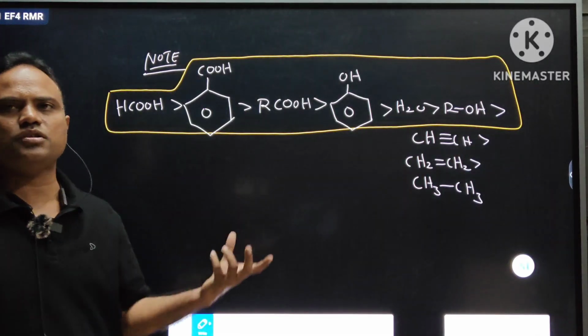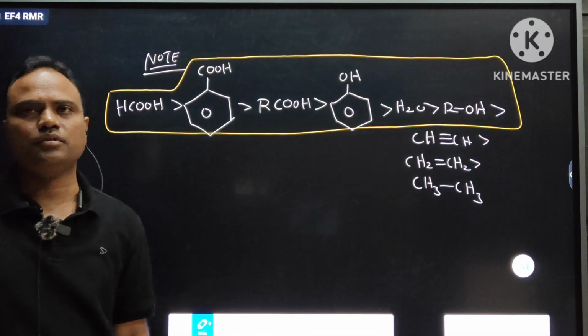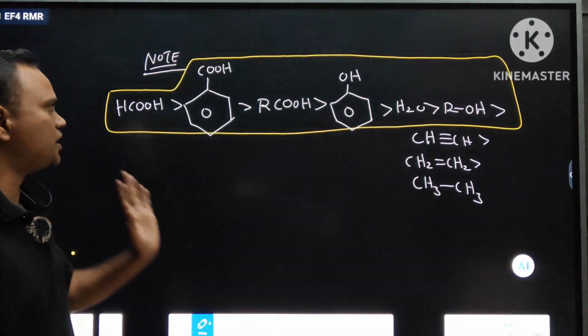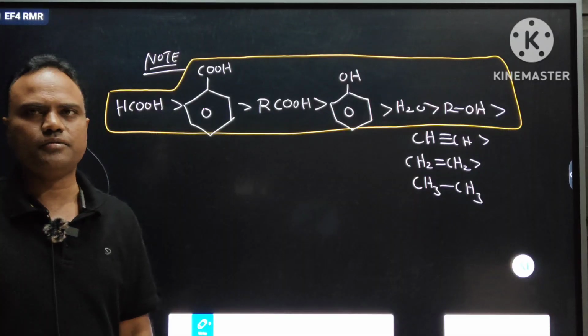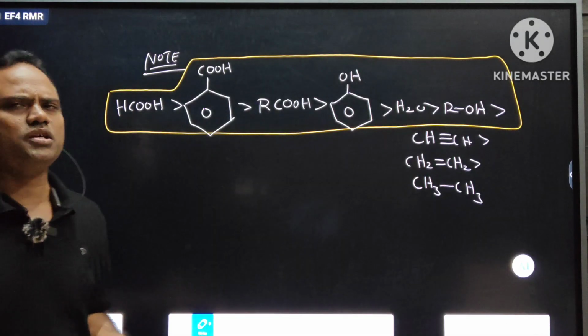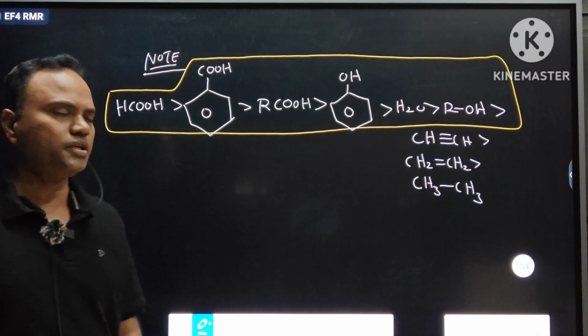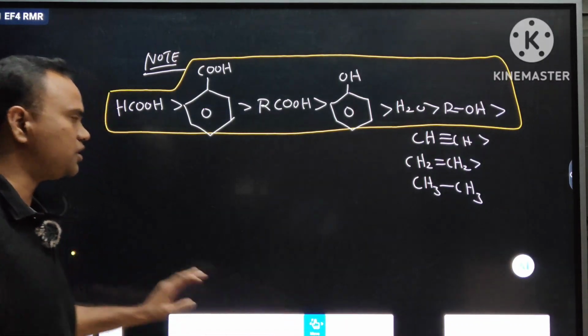Formic acid is more acidic than all the others without substituents. If you take plain examples, then formic acid will be more acidic. Clear? If I attach any minus I group, then the order will change, but this is the plain category. I'll give you one question also to understand this.